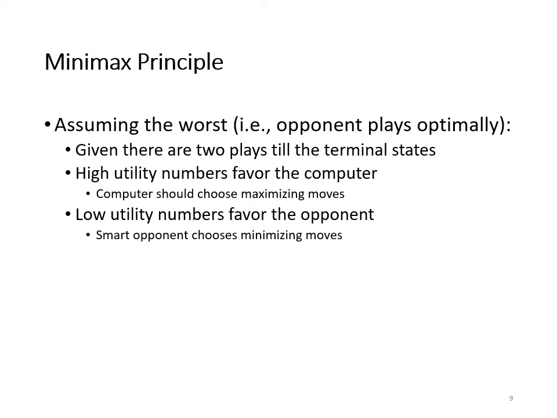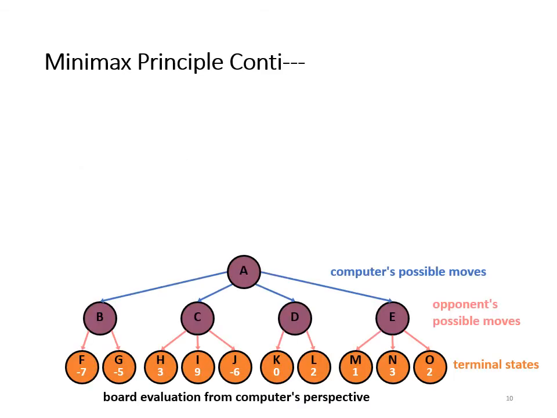Best move means the one that has the maximum value, and the opponent's choice is the worst move for the computer, which has the minimum value. It may be negative. Given there are two players till the terminal state, a high utility number favors the computer. It means the computer should choose maximizing moves. A low utility number favors the opponent. It means a smart opponent chooses the minimizing move.